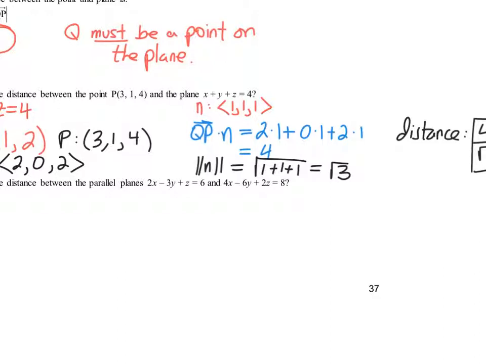Question? Professor, for Q, where did you get the 2? This 2? Yeah. I assumed 1 and 1, so if I plug a 1 and 1 here, the only value that would satisfy this equation would be a 2. Oh, okay. So whatever you decide on for x and y, like in statistics we'd call that degrees of freedom.